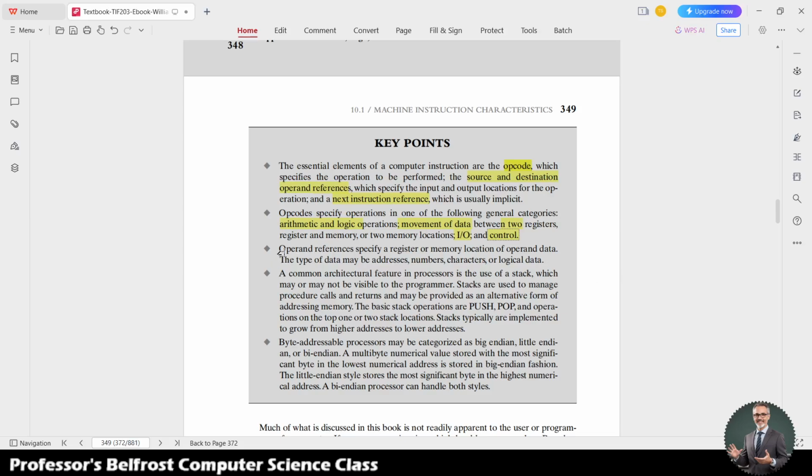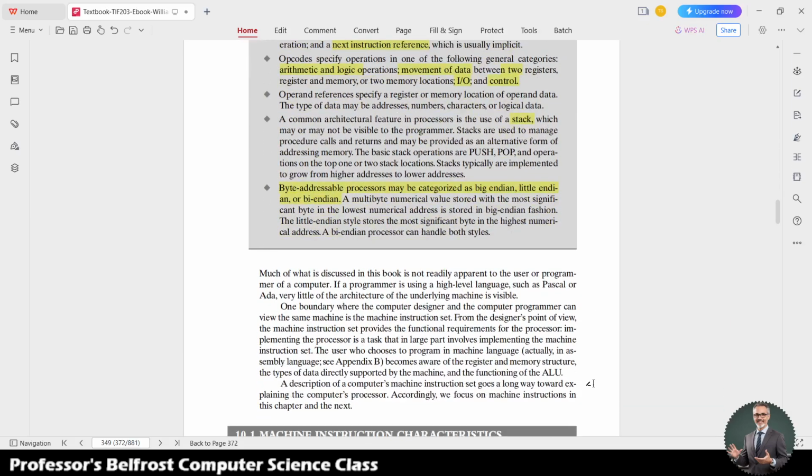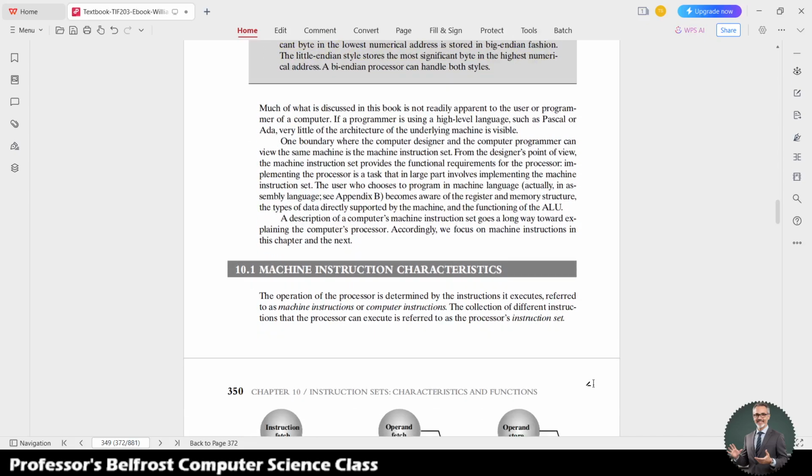Okay. So operand references specify the register or memory location of operand data. A common architecture feature is the processor stack. Maybe this is what I want to explain a lot. And yeah, there are many kinds of endian systems that we will discuss later. This is a very important concept actually. I'll maybe pay more attention to explaining that to you.